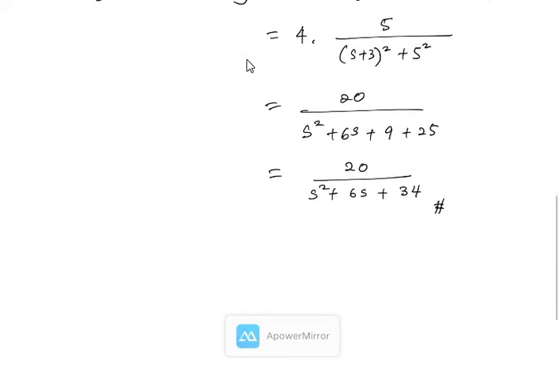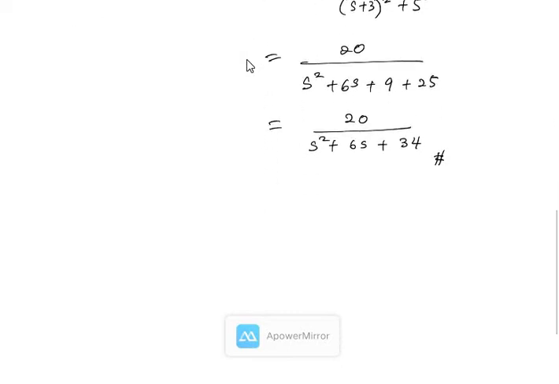Do you understand? Then next we move to another equation: the Laplace transform of t plus t squared plus t cubed divided by 6, times exponent t.